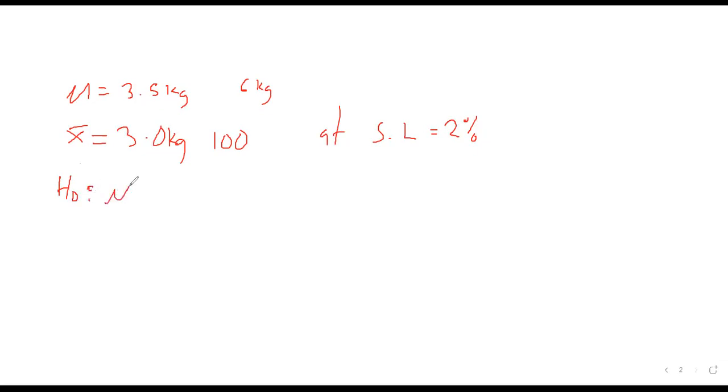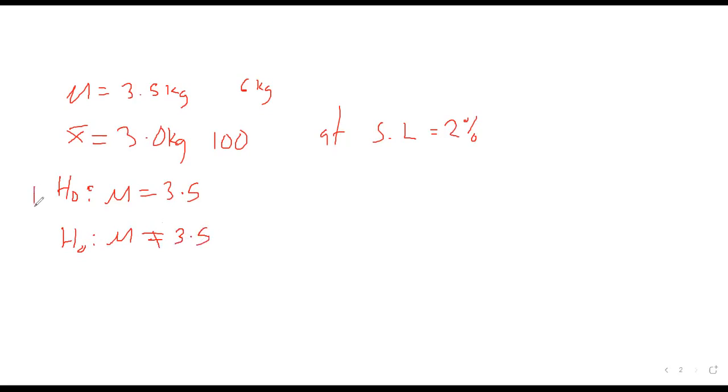His claim is that his pumpkins are 3.5 kg, so you put mu is equal to 3.5. Maybe he's lying. It could not be 2.5, but we cannot say they are less than because we're just testing his claim. So we just say these are not equal to 3.5. So this is how you state the hypothesis.